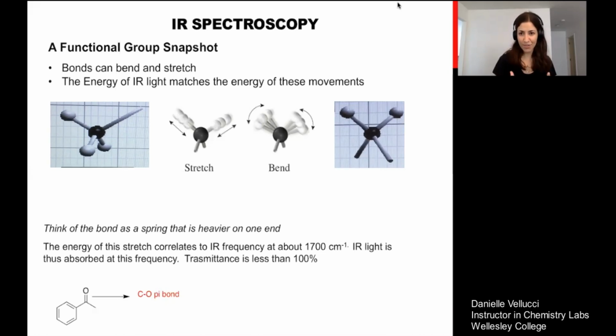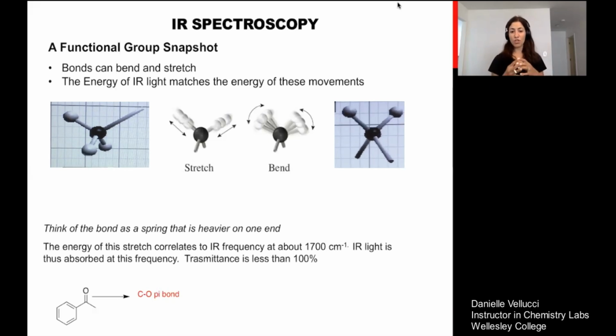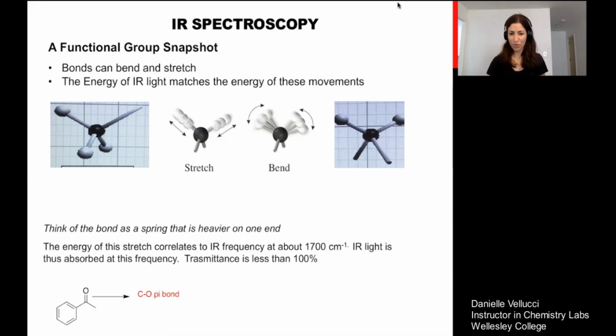For the purpose of this course, you don't really need to be so worried about distinguishing, when we see absorption, whether it's a stretch or a bend, but more so on how to look at the absorption observed for an organic molecule and correlate it to the functional groups we've become familiar with.